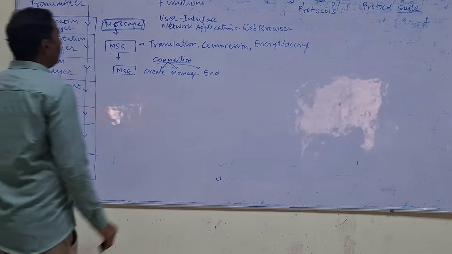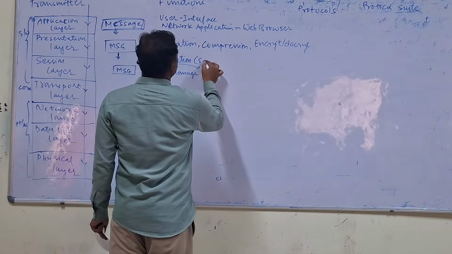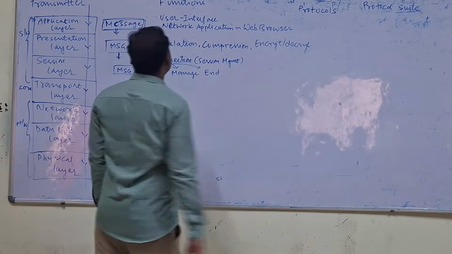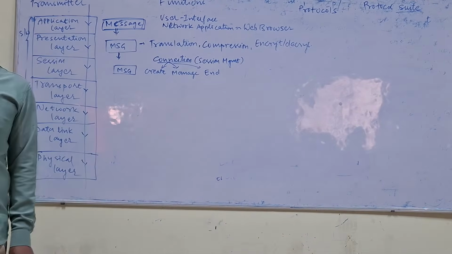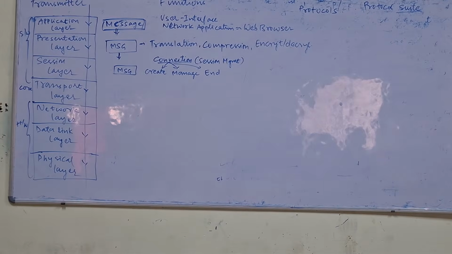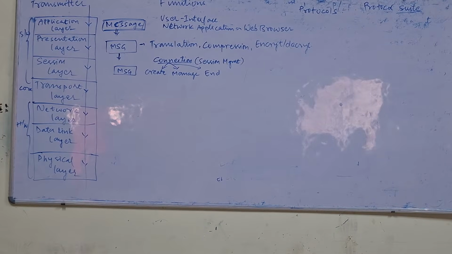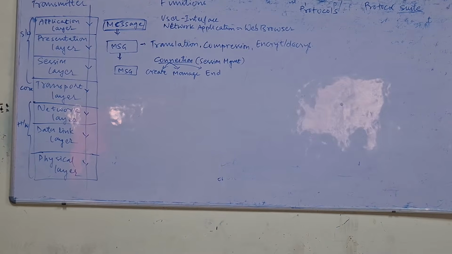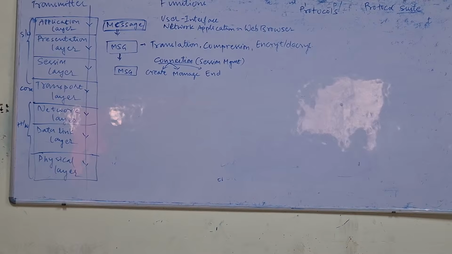That is what we call session management. For example, you want to access a banking service. You type username, you type password, session established. Then you do all those transactions.